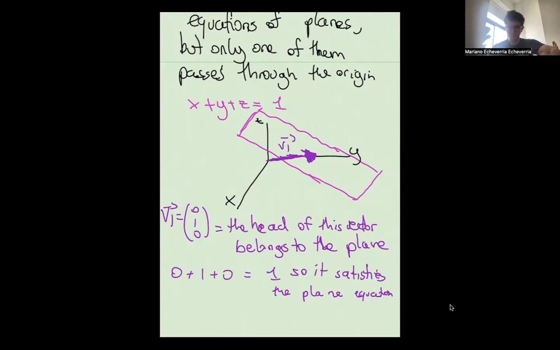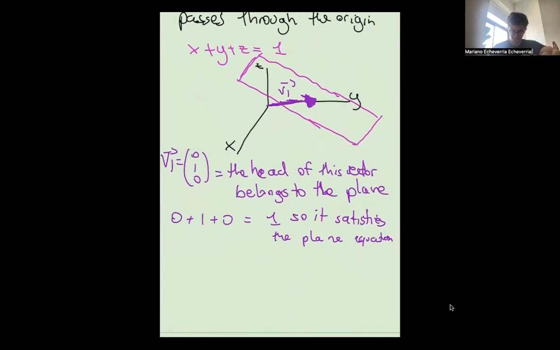And here's another vector that belongs to this plane. Let's call it v2. Let's say 1, 1, -1.